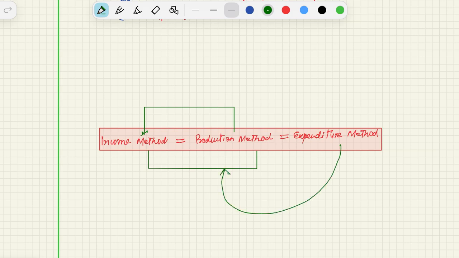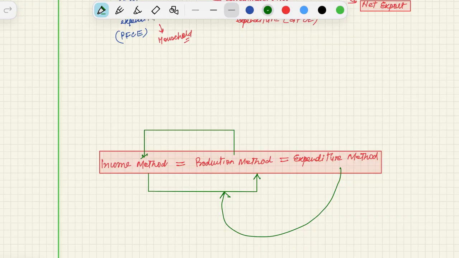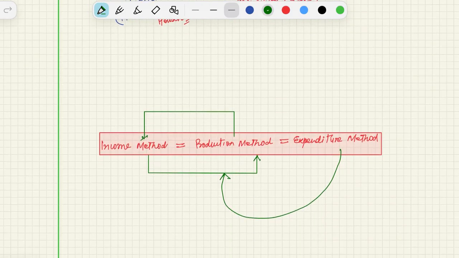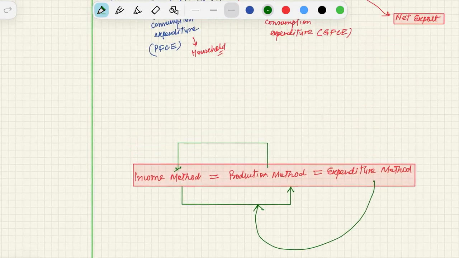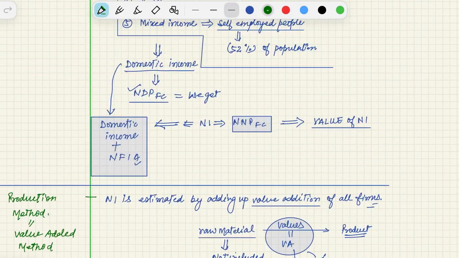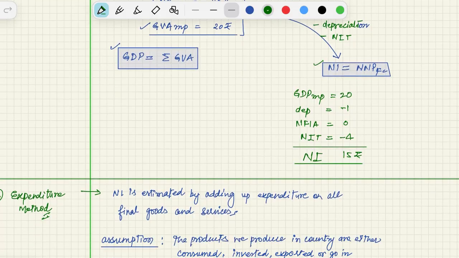So these three things are interrelated to each other. That is the thing you have to remember. Okay, next thing. So there are three methods I have discussed. First income, second production method, third expenditure method.